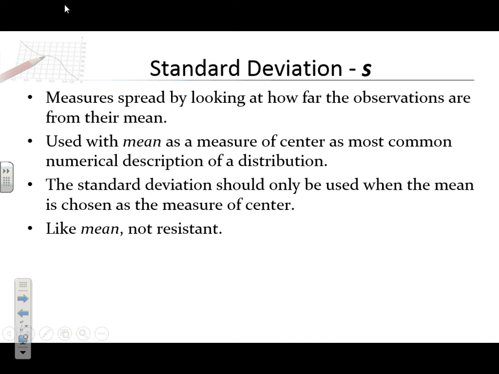Remember, the term resistant means outliers and skewed data do not affect the value. That's not the case with mean and standard deviation. Those are both non-resistant measures. If there are outliers, if the distribution is skewed, those values will be greatly affected by those two things. So that's why we only choose those when we have a symmetric distribution with no outliers involved.